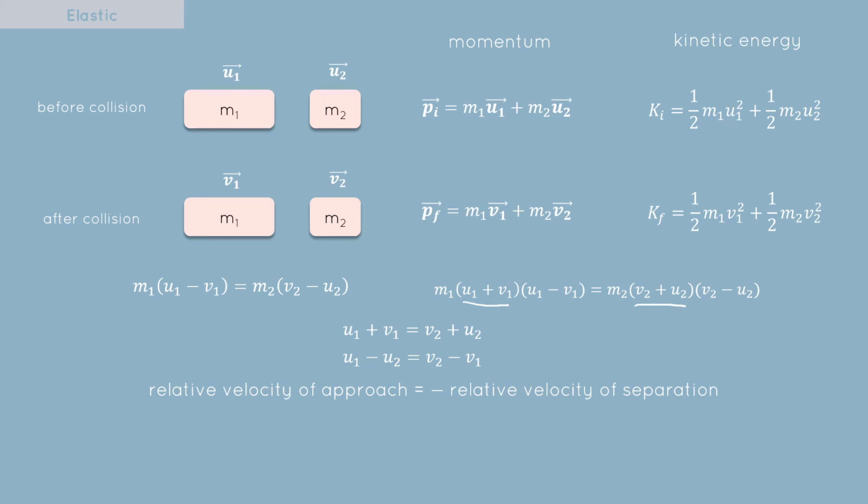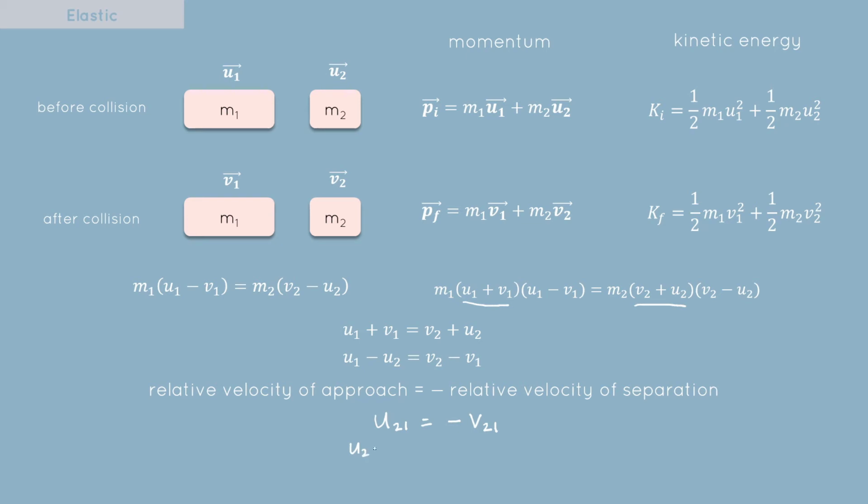So if you consider the relative velocity before the collision, let's say we take the perspective of mass 1, it'll be u21 equals negative v21.